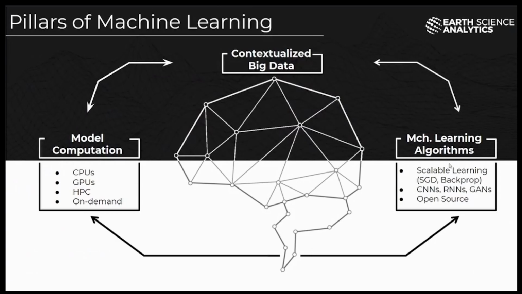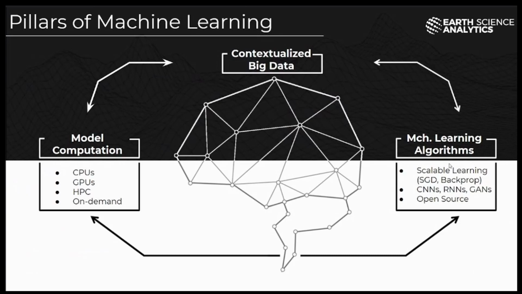One of the reasons to use cloud systems, as I mentioned, was to facilitate AI and machine learning. One of the pillars of machine learning and the growth we have seen in domains outside oil and gas is availability of compute resources, CPUs, GPUs, high performance computing on demand.